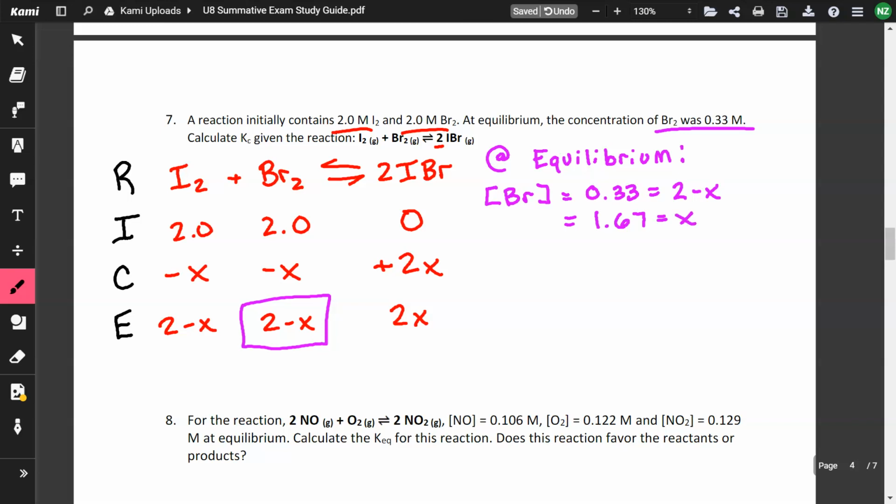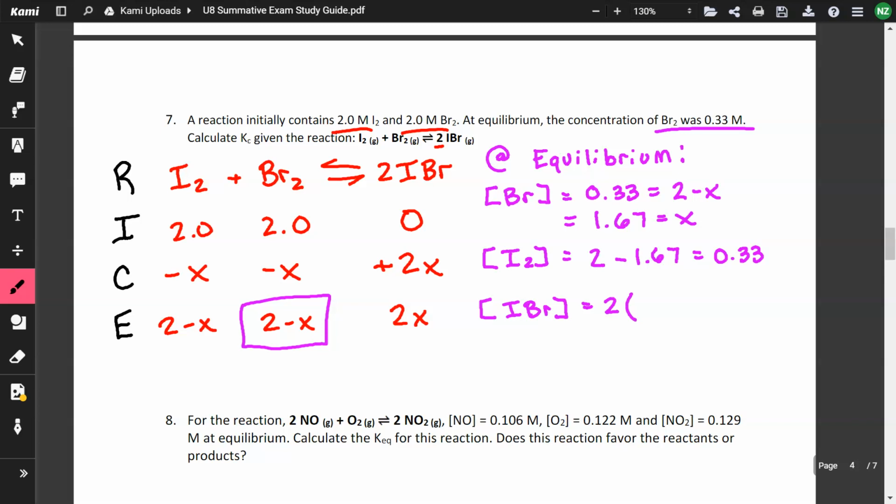Anywhere there's an x, we plug in now. So I2, 2 minus 1.67 equals 0.33. And then IBr is equal to 2x.